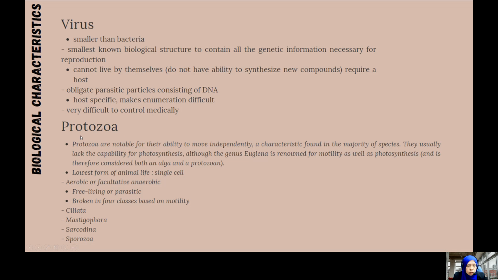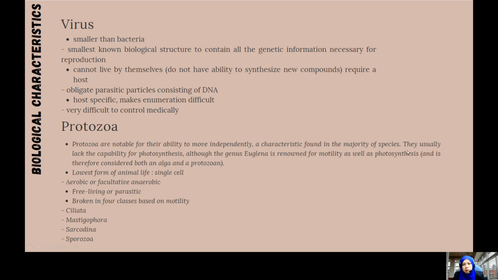And protozoa. What are protozoa? Protozoa are notable for their ability to move independently, a characteristic found in the majority of species.